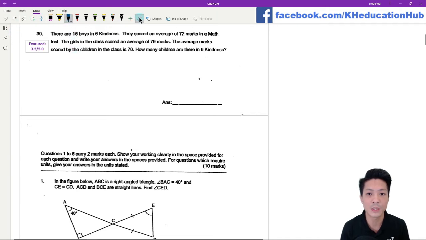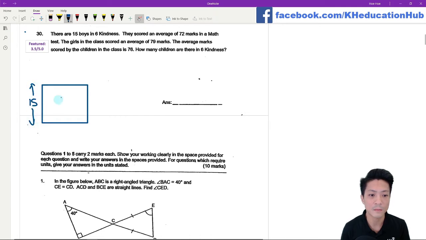Okay, so in this question, I'm going to draw a shape first over here to represent the number of boys and their average score. There are 15 of them, so I'm going to write the 15 over here. Their average score is 72.